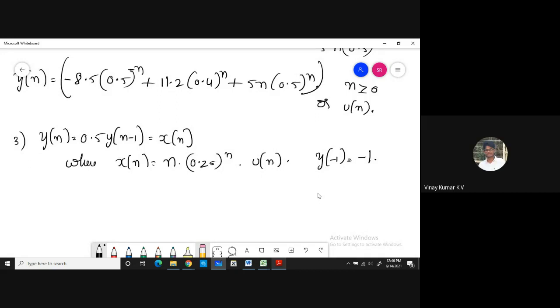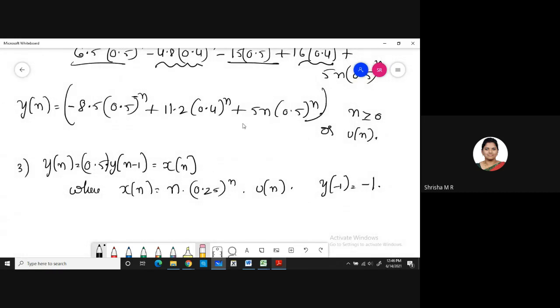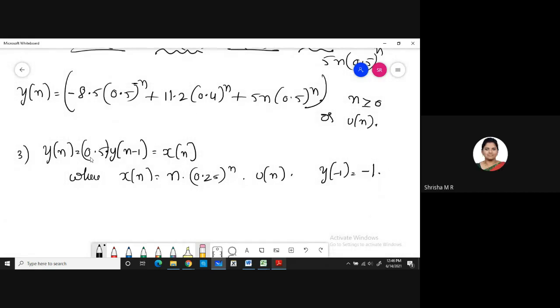Ma'am, what have you written after y of n, is it equal to or minus?